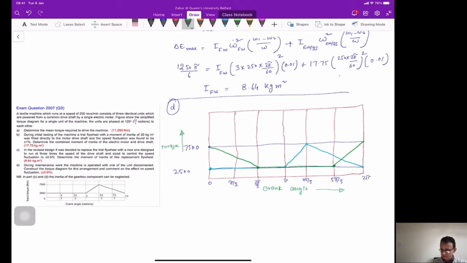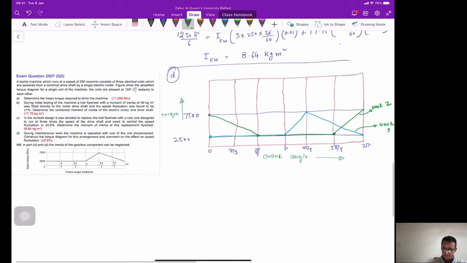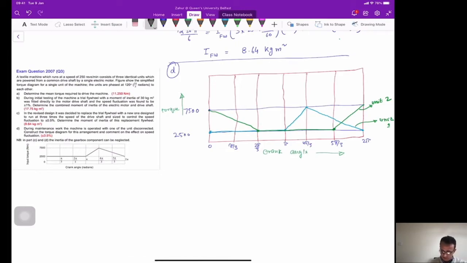So this is our unit 1, and now this is our unit 2, and there is no unit 3. So now from these 2 units we need to construct the overall torque diagram. We should again draw it here, for example.